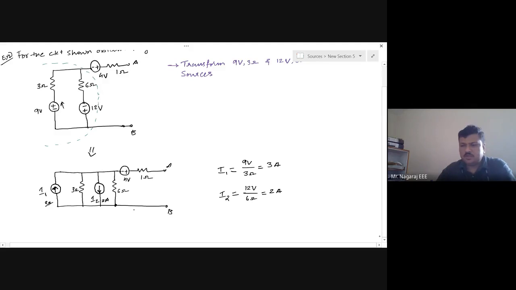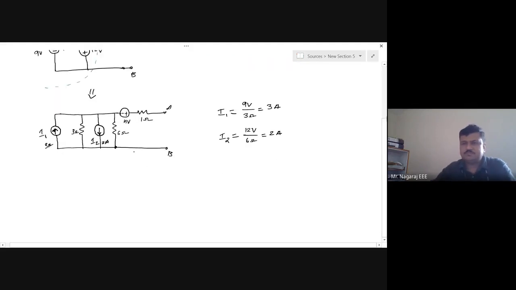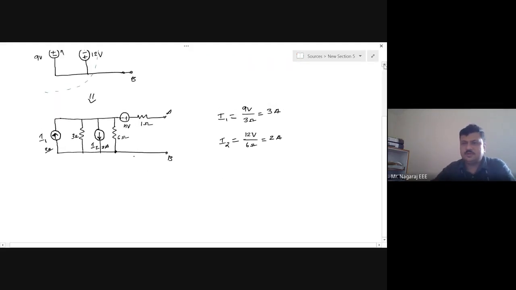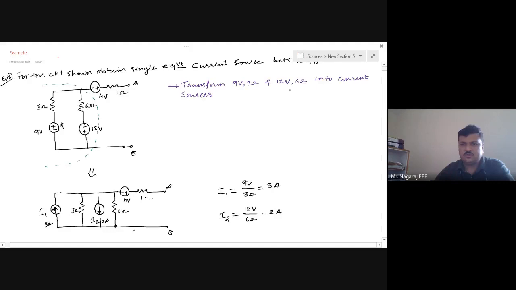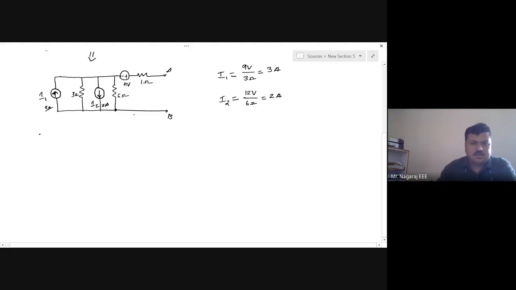Now, I should be taking the effective value. Transform 9 volt 3 ohms and 12 volt 6 ohms into the current sources. This we did already. Now here we have to take the effective value of 3 amps and 2 amp sources. For the first few examples I will be writing these intermediate statements. For later examples it is not necessary.